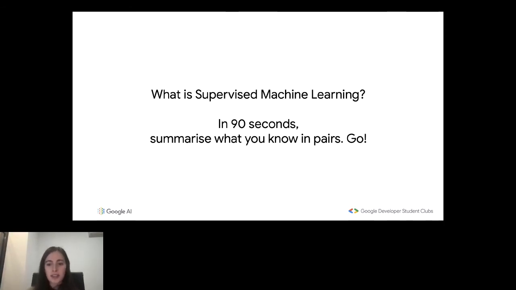Okay, yes. Anyone else want to try? Training with labeled data. Okay. When a supervisor judges the result of the ML algorithm in terms of usefulness and correctness. Well, this is another definition.